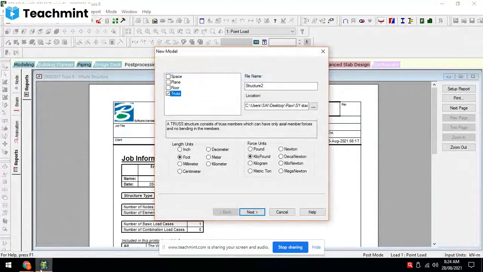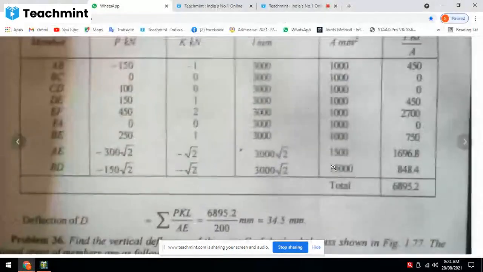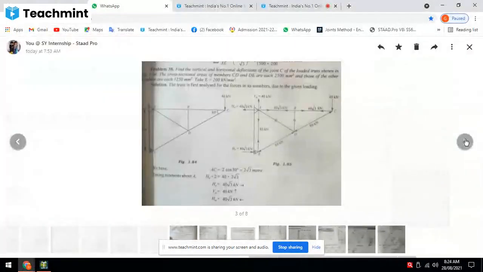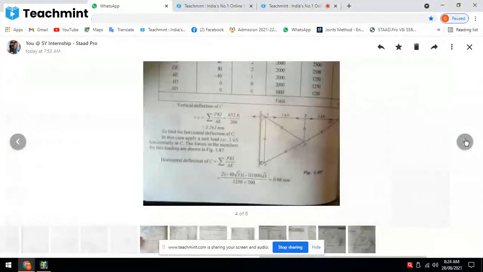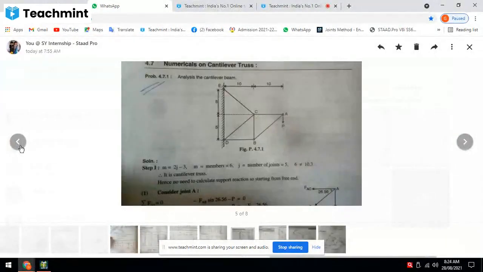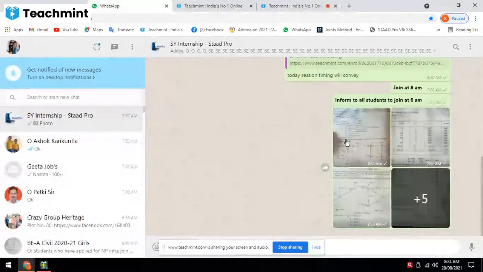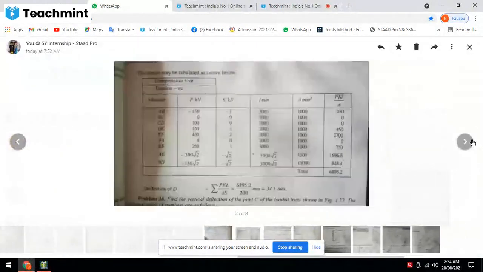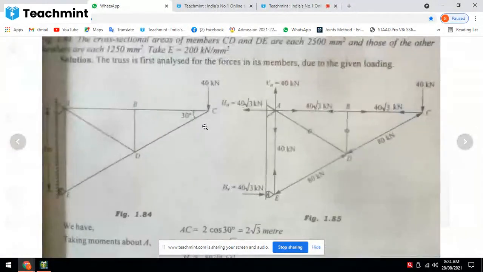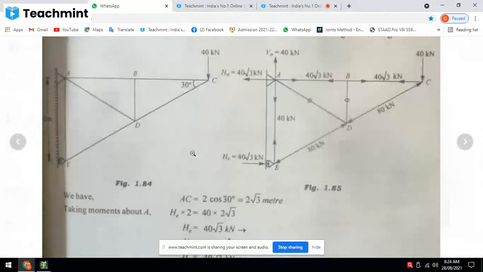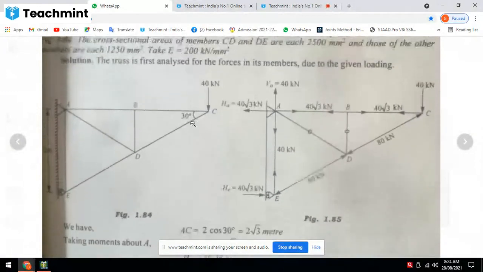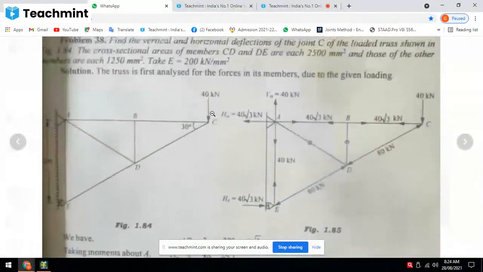Done, sir. Right. So now the next problem we will take. This one is again the same case, but this is a triangular truss. At the free end there is a point load.